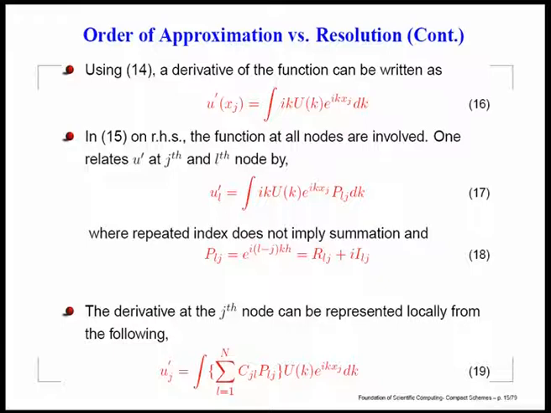Now, if I like to write the derivative at say the jth node, I can write it here, because on the right hand side we have a contribution coming from all the other nodes. Nonetheless, we try to write an equivalent form where the phase is written at the jth node. You have to understand that whenever we do this derivative operation, these are local operations, meaning I am trying to find the derivative at the lth node.